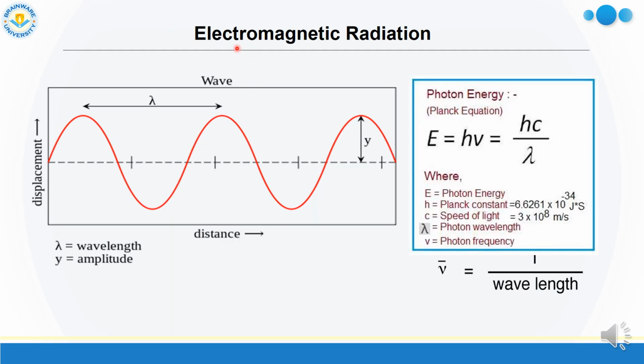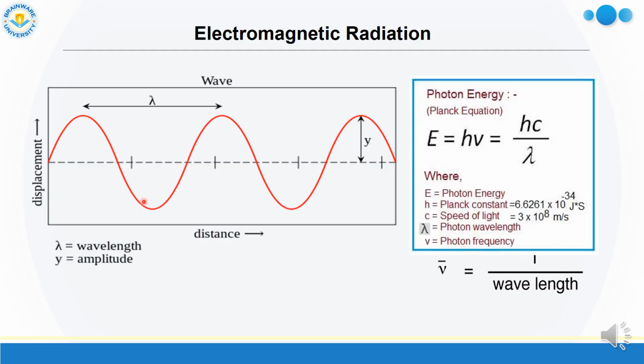Now, light or electromagnetic radiation, we can explain as a wave. So this is a sine curve and it is plotted displacement versus distance.